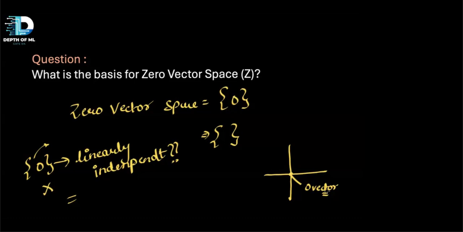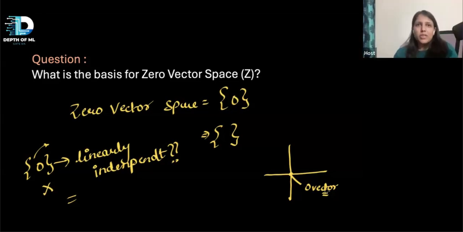Okay, ma'am. So is it like this, that nothing generates the zero vector? That means nothing is generating the zero vector, so it is becoming the basis. Only the trivial linear combination of nothing will give me a zero vector.